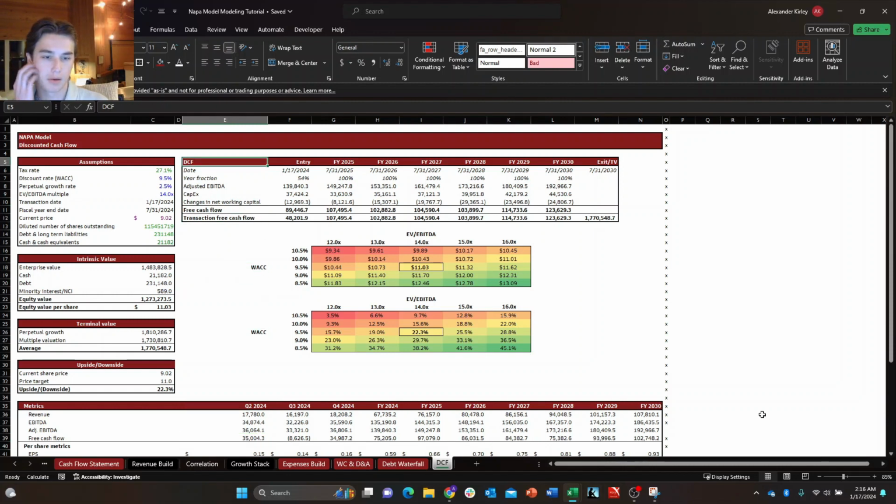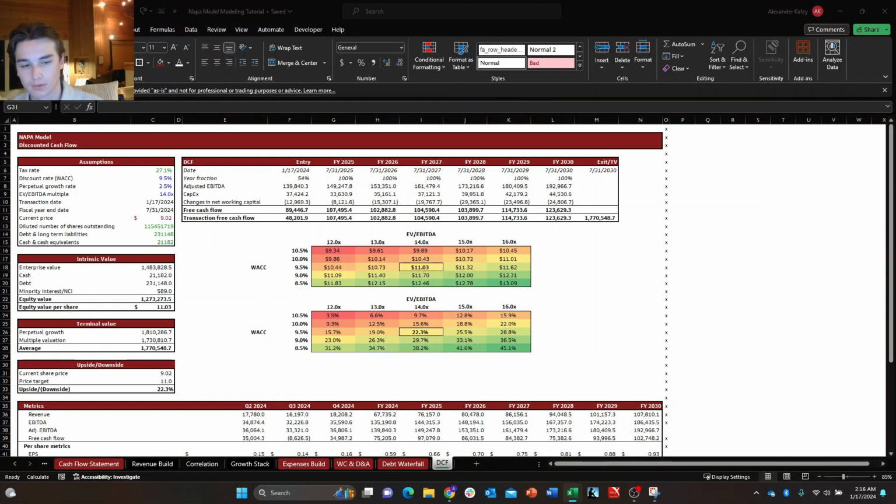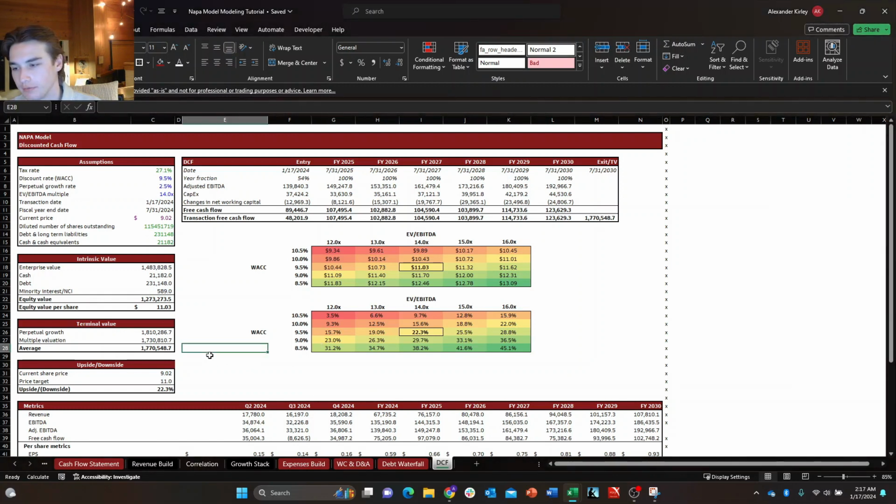I think that should do it. Now, what I also like to incorporate oftentimes is a valuation methodology.